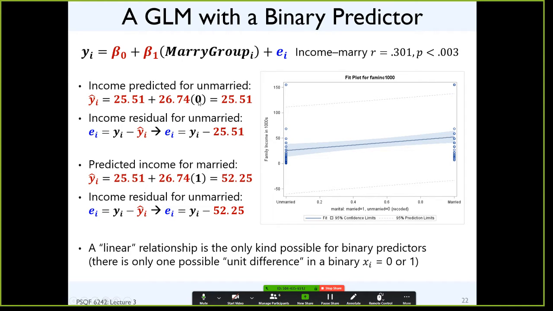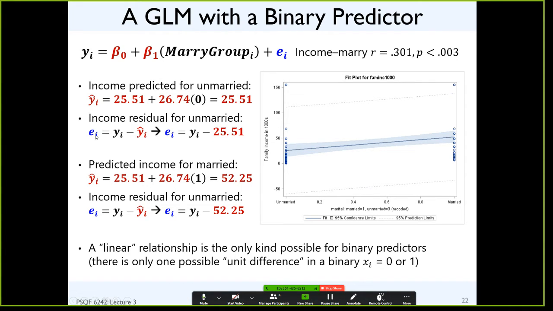Now the term in parentheses, that 0 is being plugged in to say what would predicted income be if this married group variable were a 0, meaning for unmarried persons. So this second term here, the 26 times 0, drops. And you're left with just the intercept as how their outcome gets predicted. So 25.5 is the expected income for somebody who is unmarried because that's the only circumstance in which the rest of this drops.